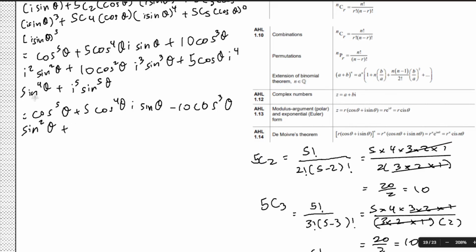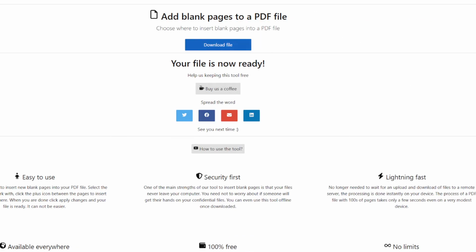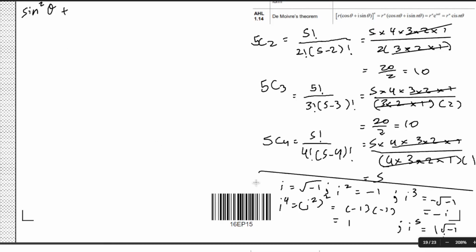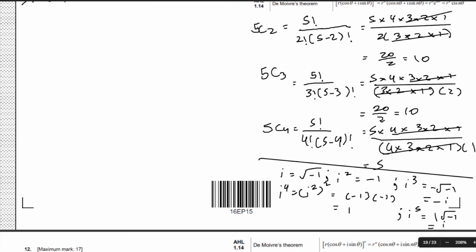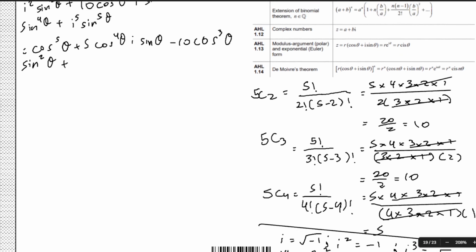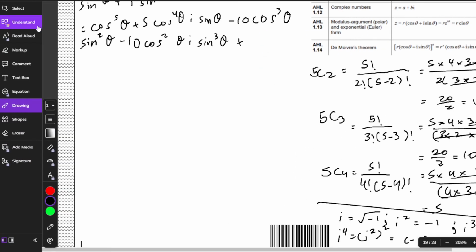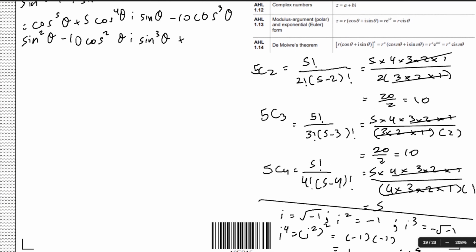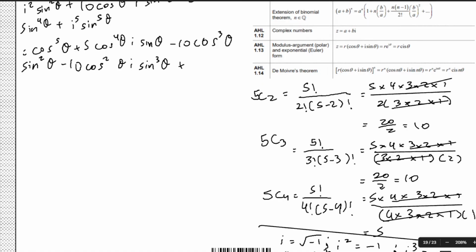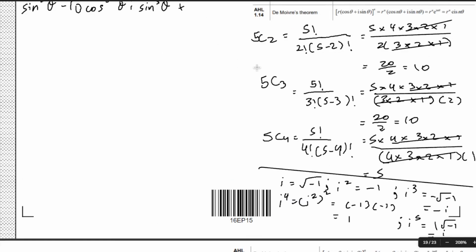plus, and then our i cubed here would be minus i. So we would have minus 10 cos squared theta i sine cubed theta plus, okay, our i to the power 4 here would be 1.